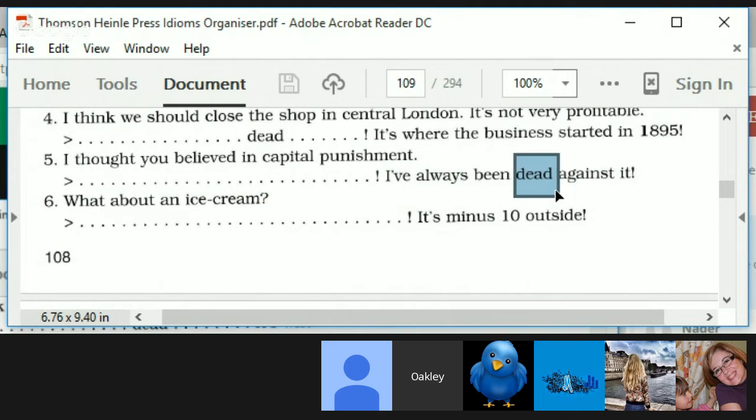What is this being used as? An adverb? Dead against something? Yeah, strongly opposed to, but I have always been. Okay. Oh, okay. I guess as an adjective. But dead against something, strongly opposed to something. We use dead as this kind of adjective in other ways too.